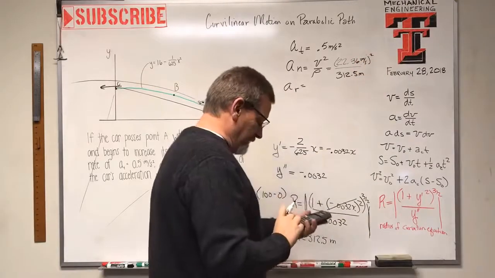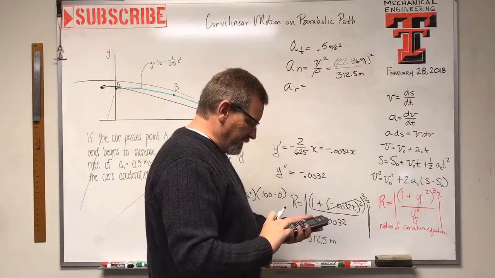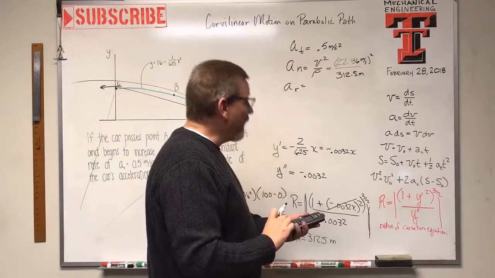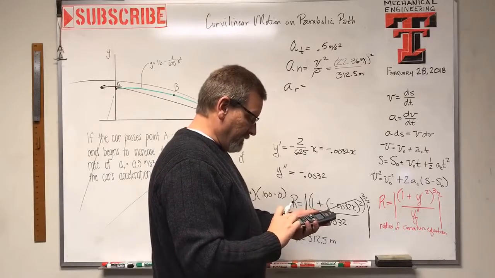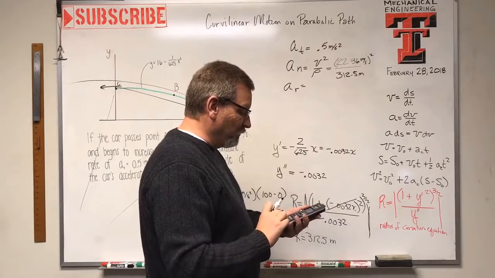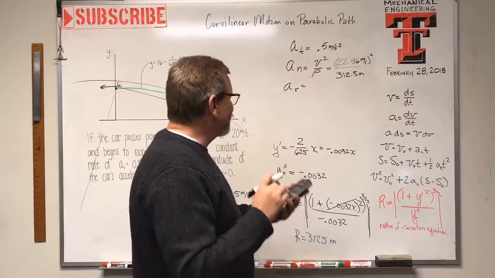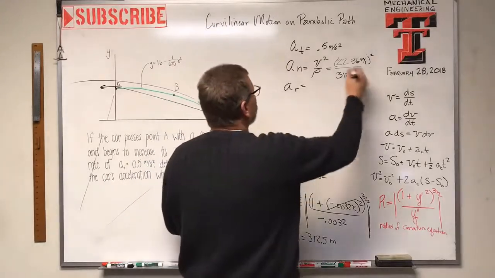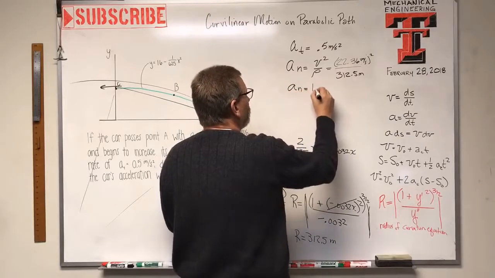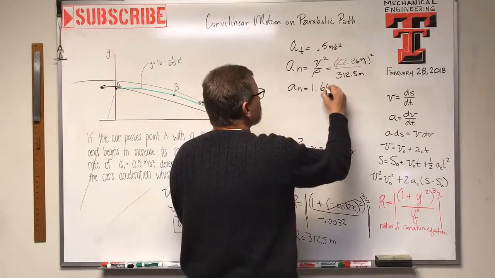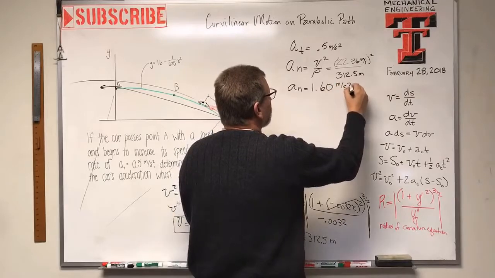Let's see what that gives me. 22.36 squared divided by 312.5 is equal to 1.60. So the normal acceleration, a_n, equals 1.60 meters per second squared.